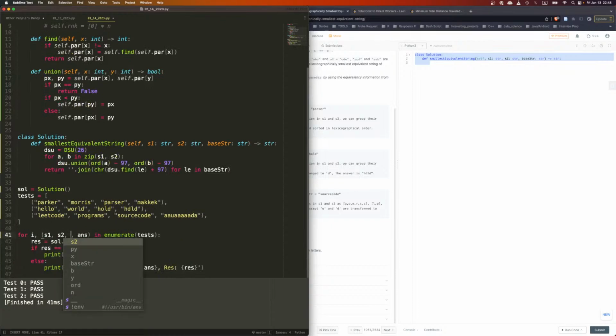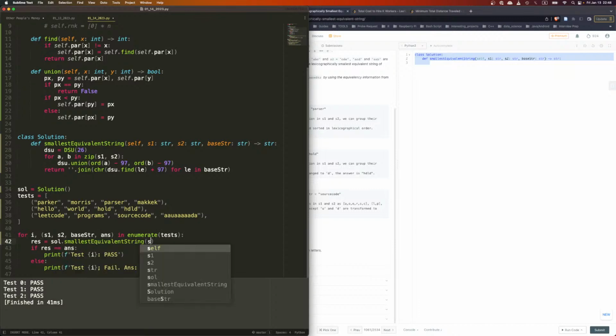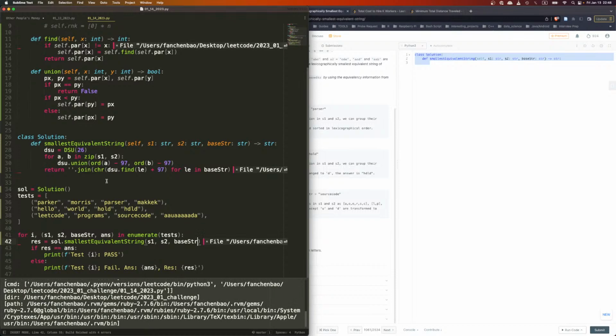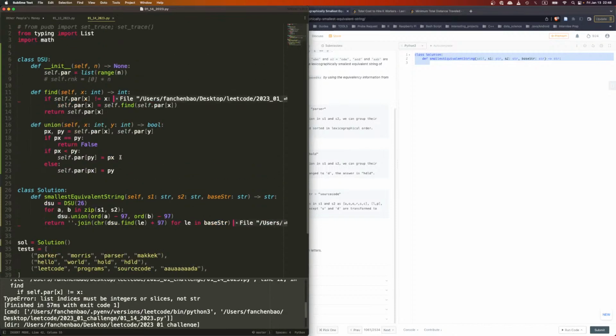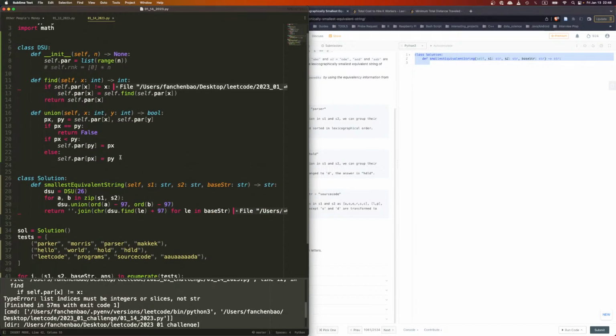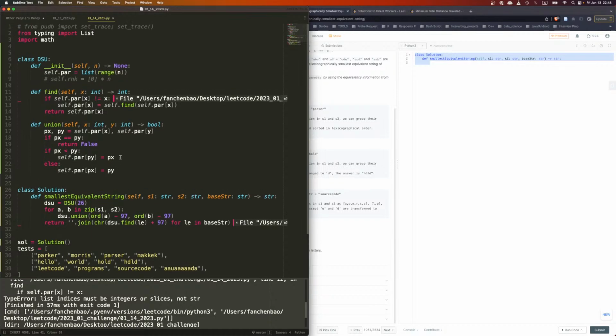S1, S2, base str, smallest S1, S2. That's interesting. Oh, letter. You cannot find a letter.